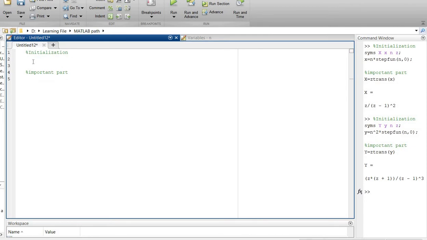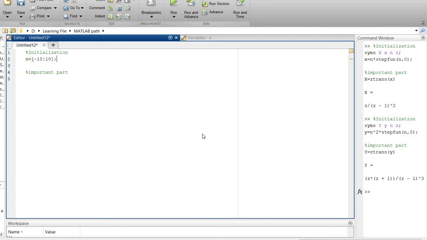Okay. So initialization would be n is equal to the boundary that is specified in our problem, -10, then 10. That's it.